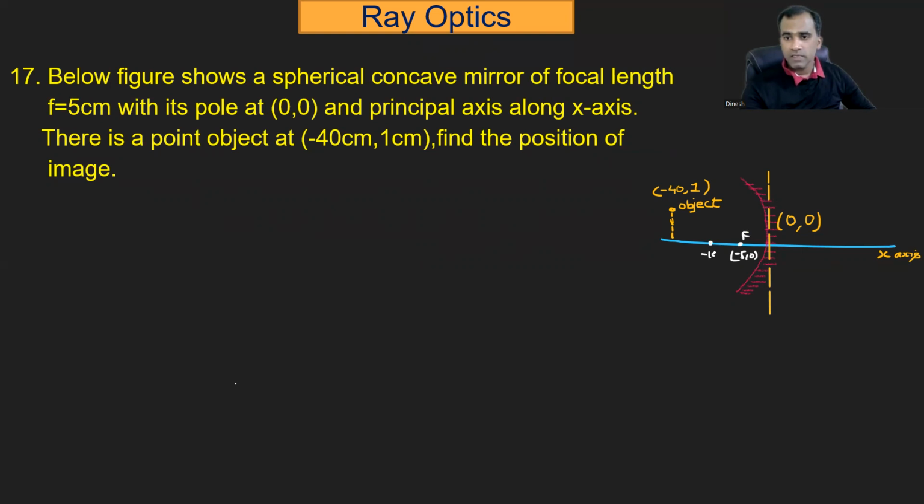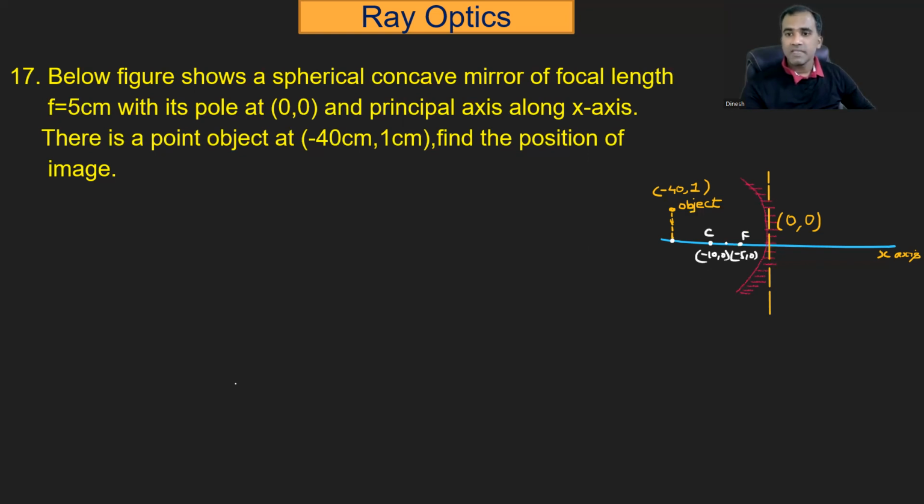Center of curvature is at minus 10 comma 0. The object is at minus 40, this location. This is the location of the object. It is not on the principal axis, mind this, the object is not on the principal axis, it is at a higher position. Can you guess where the image is? Not the exact location, but can you guess in what region it is?